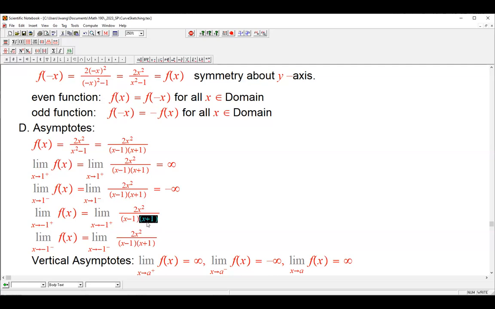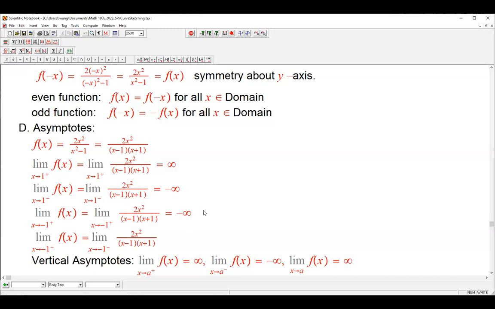This piece is positive anyway, but approaching from larger than negative 1, this piece is negative, so together they make negative. And this last piece is positive. Positive, negative, positive, so this is going to be negative infinity.